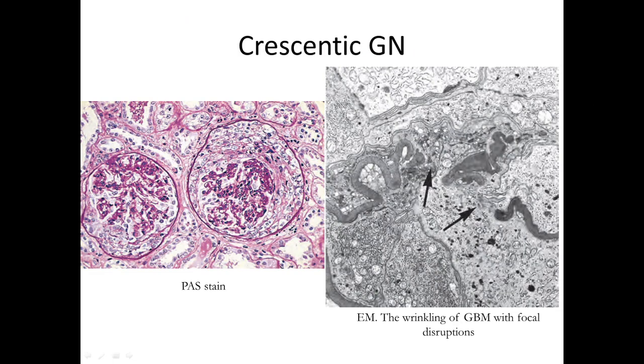So crescentic formation, you can find here on these electronograms, like wrinkling of the basement membrane with focal disruptions here and here, for example, and PAS staining shows us the crescent formation, extracapillary crescent formation, which comes in time to sclerotic changes, and of course leads to compression of intraglomerular structure.